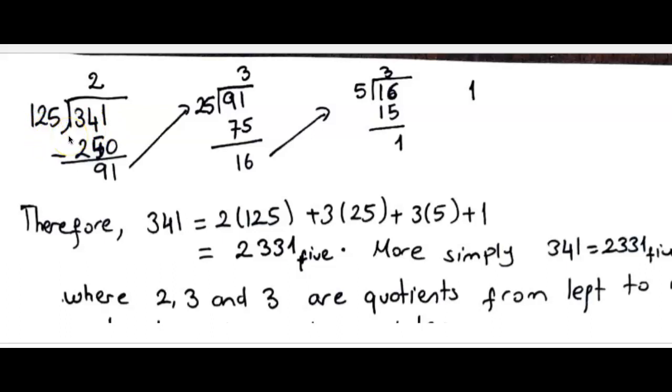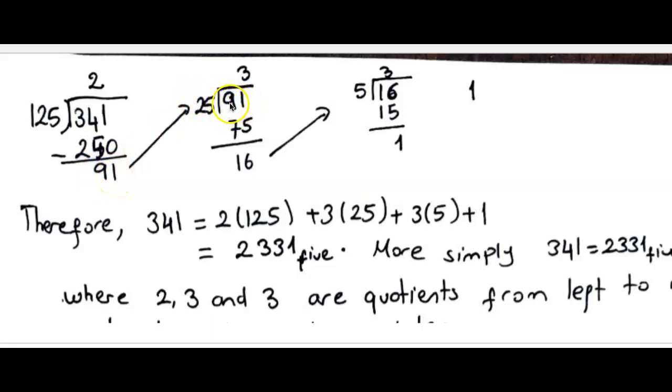Why am I choosing 125? Because it is 5 to the 3rd power; we are working in base 5, right? 5 to the 0 power, 5 to the 1st power, 5 to the 2nd power. I know 125 is going to go into 341 2 times. 2 times 125 is 250. Then I am going to have 91 remaining.